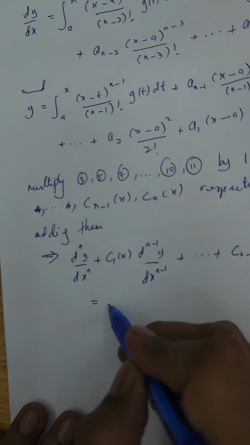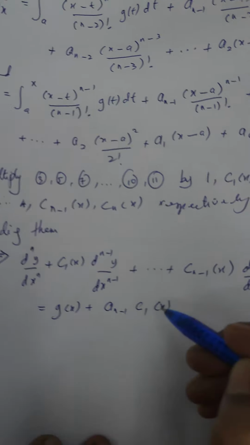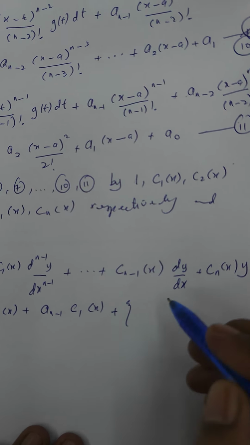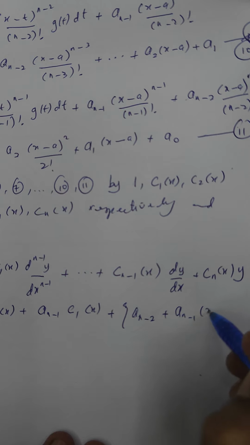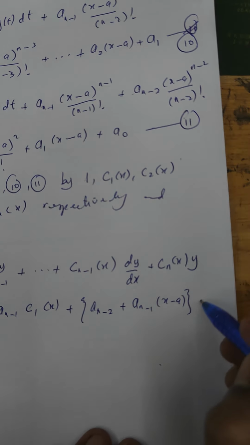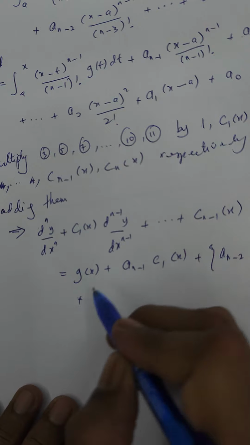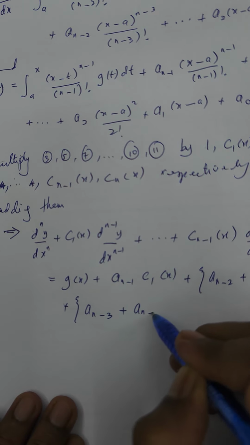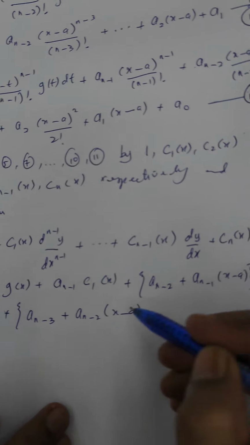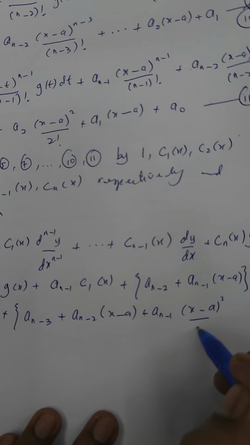This is equal to g(x) plus a_(n minus 1) C1(x), plus a_(n minus 2) plus a_(n minus 1)(x minus a) times C2(x), plus a_(n minus 3) plus a_(n minus 2)(x minus a) plus a_(n minus 1)(x minus a) squared over 2 factorial, times C3(x).